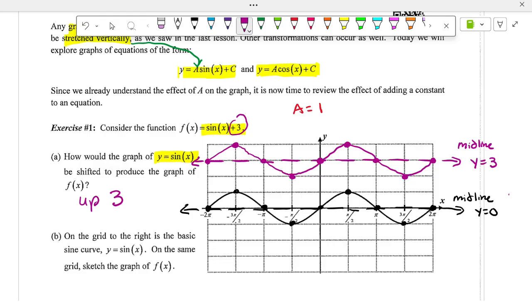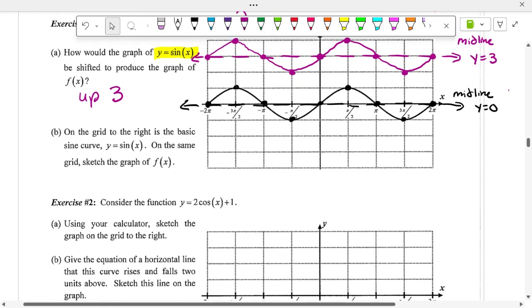So if there's nothing being added to it, the midline is still at y equals 0. So your midline is always at y equals whatever the c value is. And again, it looks like this. So let's try another one.